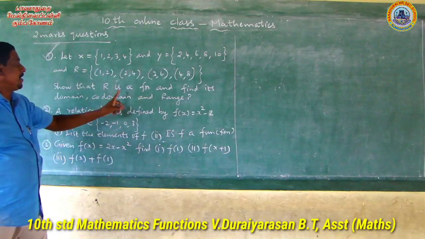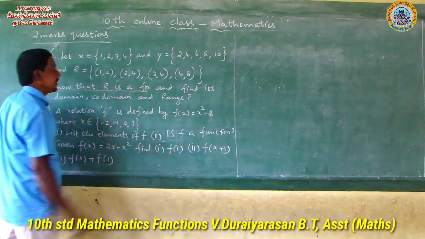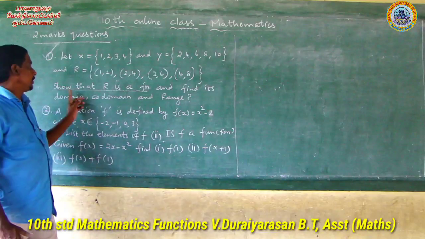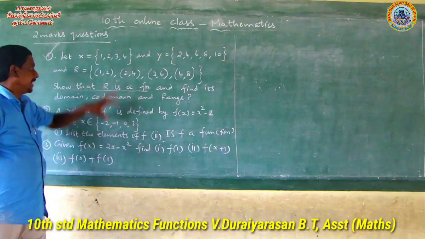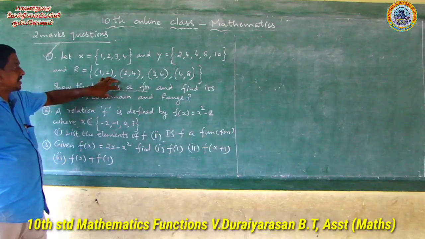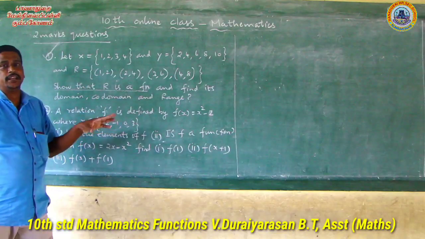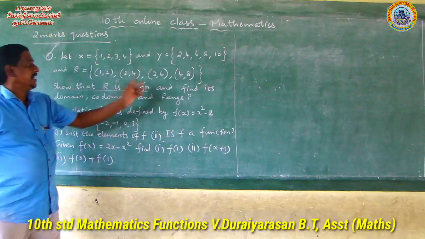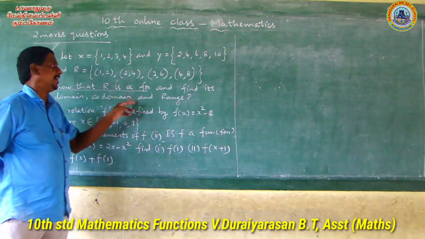The question: R is a function. Show that R is a function. Show that means prove that. Prove that the given set of ordered pairs R is a function. Next question: find its domain, codomain and range.